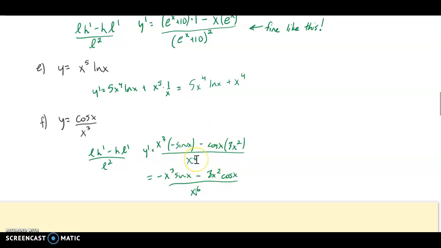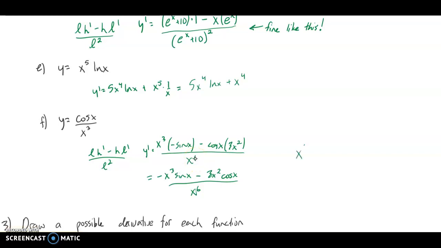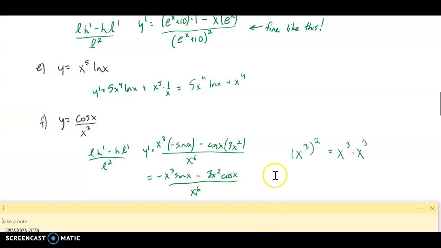Now let's talk about this x to the 6, the low. That is from x cubed squared. Some people want to make that a 5th, but if you really think about this, this is x cubed times x cubed. So how many x's are being multiplied there? You have 6 of them. So the rule there is actually to multiply. So we got x to the 6.